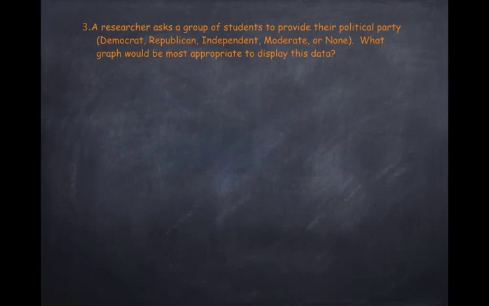Let's say a researcher asks a group of students to provide what their party is. And so you're either Democrat, Republican, Independent, Moderate, or you're none. And so what type of graph do you think is going to be most appropriate to display this type of data? Well, first you should be thinking, what type of data do we have?